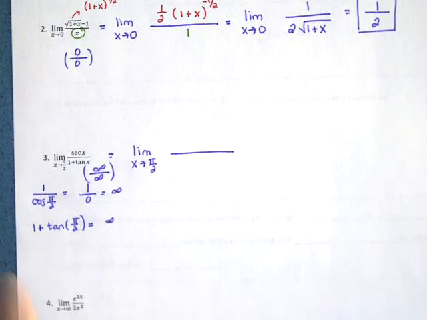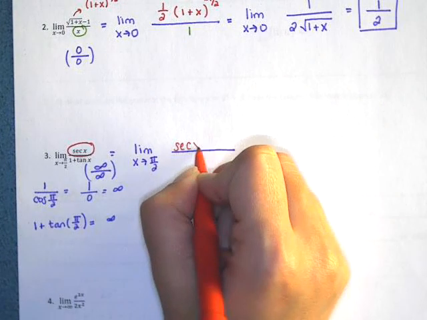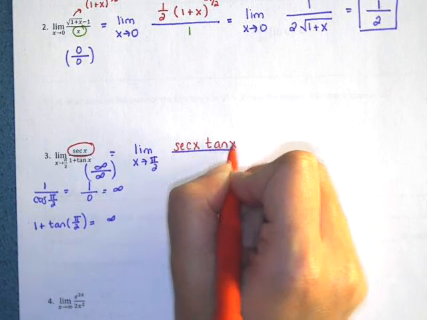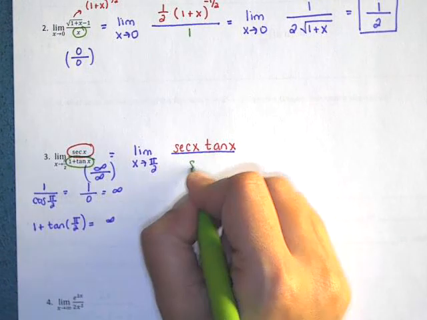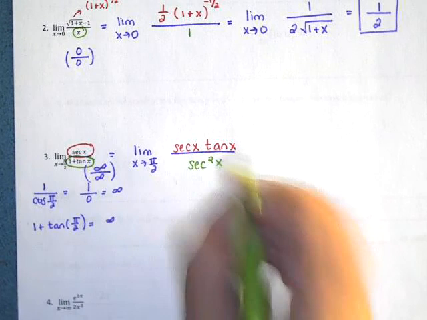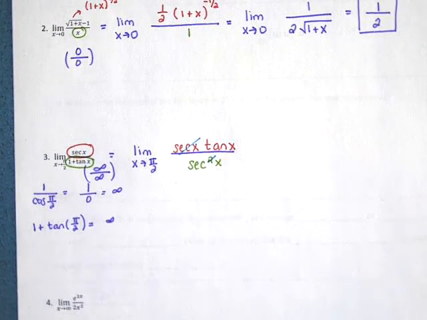I would just do the derivative of the top, which would be secant tangent. And the derivative of the bottom, the derivative of 1 is 0. The derivative of tangent is secant squared. One of the secants cancels.